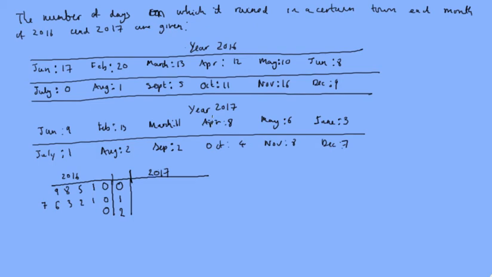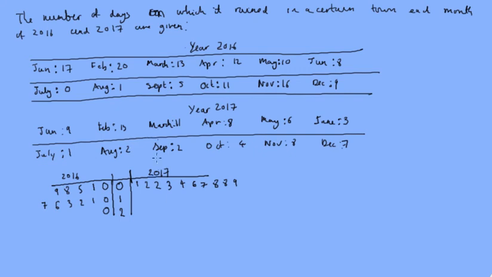So let's do 2017. So again, July had 1 day of rain, August had 2, September had 2, June had 3, October had 4, May had 6 days, December had 7, and November had 8, and so did April, and January had 9.